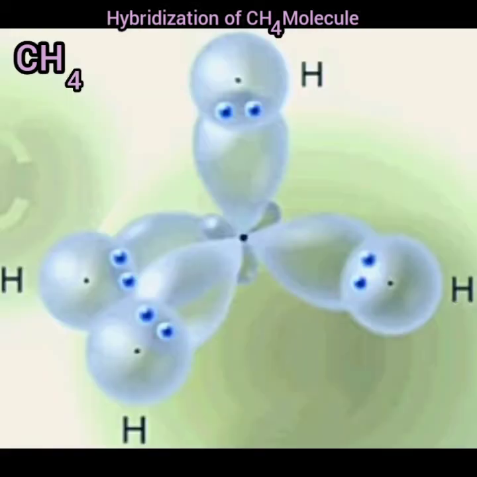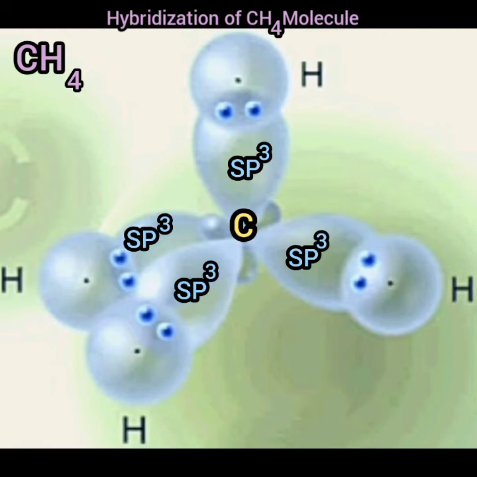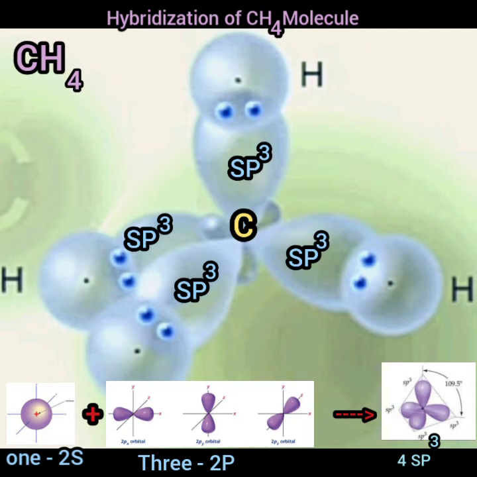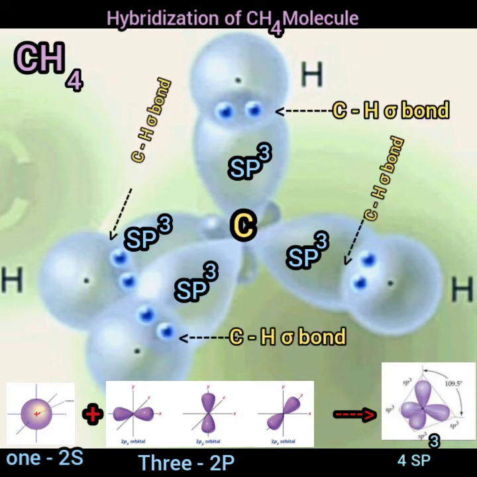If we talk about the hybridization of methane, the central atom is sp3 hybridized. It is because, as we have already seen, the 3 2p orbitals and 1 2s orbital in the valence shell of carbon combine to form 4 sp3 hybrid orbitals of carbon to form C-H sigma bonds, which eventually leads to the formation of the methane molecule.